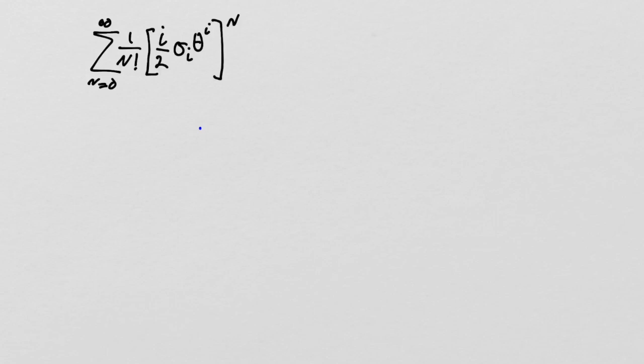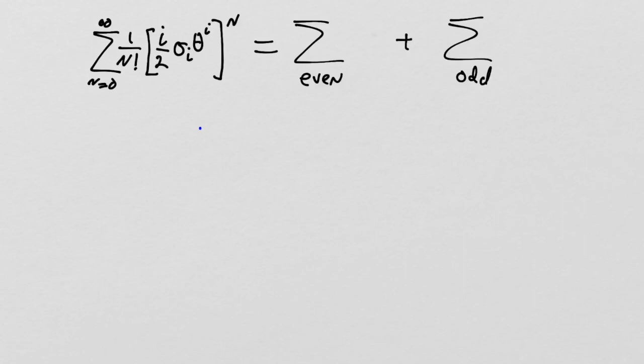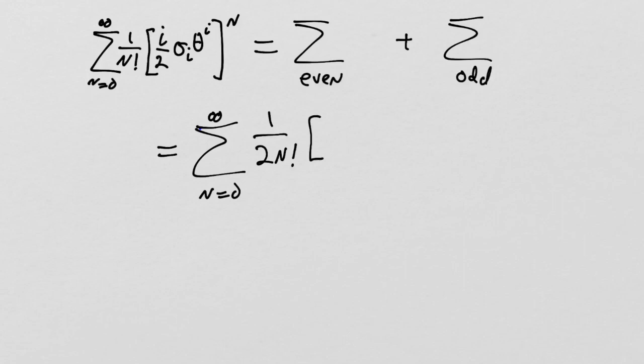So we can write this down as the sum of the even powers plus the sum of the odd powers. The sum of the even powers will be the sum, say, n equals 0 to infinity of 1 over 2n factorial times I over 2 sigma I theta I to the 2n.